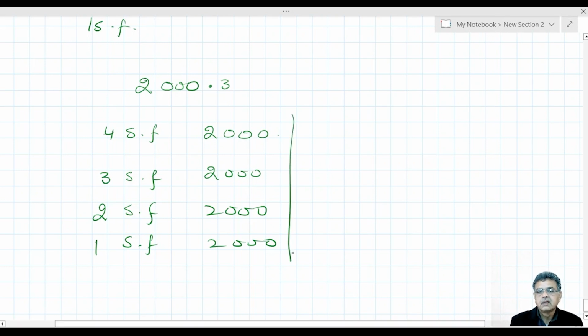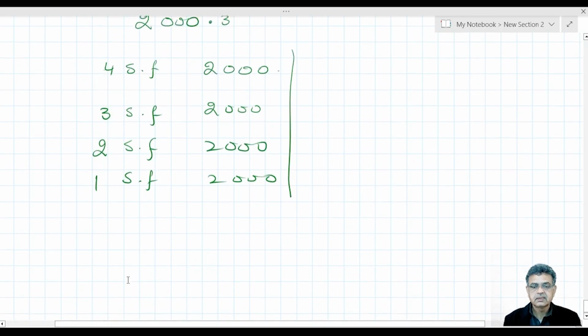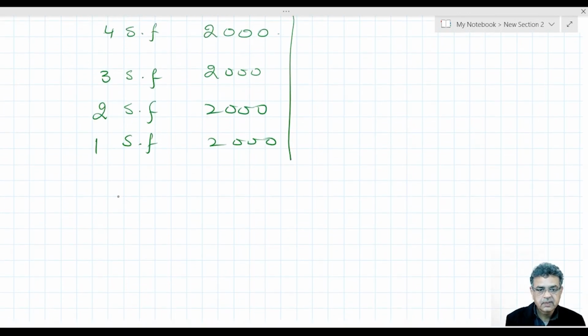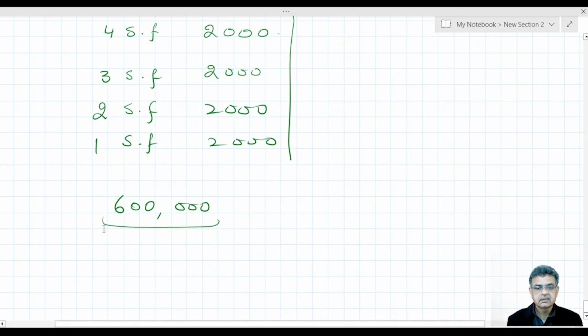So if there are trailing zeros, then this is a little ambiguous. This is not a very clear statement. So if it is given like this, how many total digits are there? 1, 2, 3, 4, 5, 6. Now, what is it? According to that definition, trailing zeros are not significant.